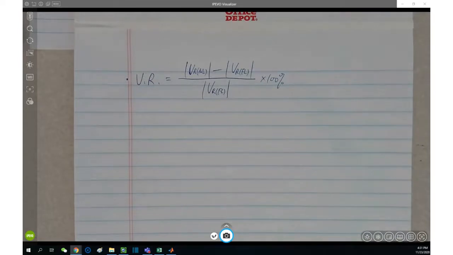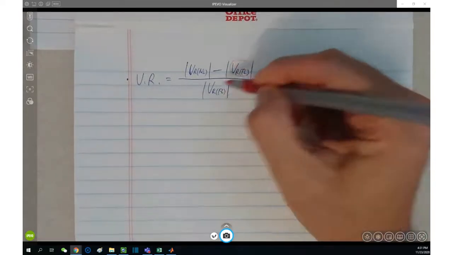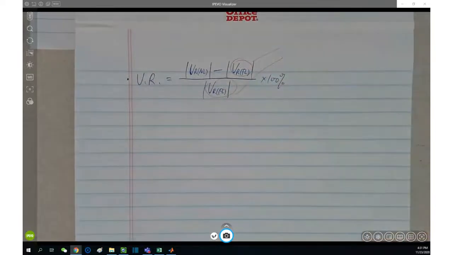So first of all, what does the full load mean? Anyone remember? Full load receiving end voltage, how did we get it based on the short line model? Anyone still remember?